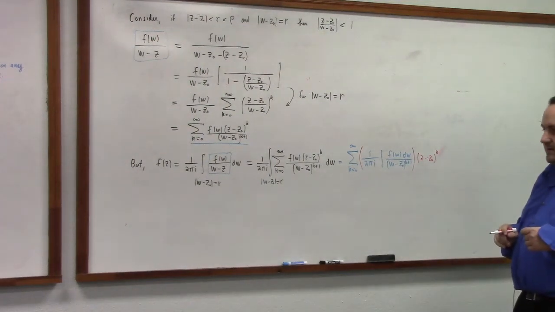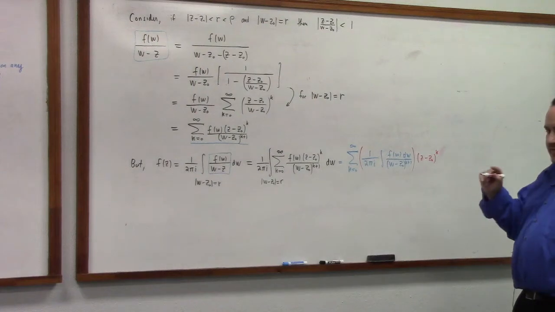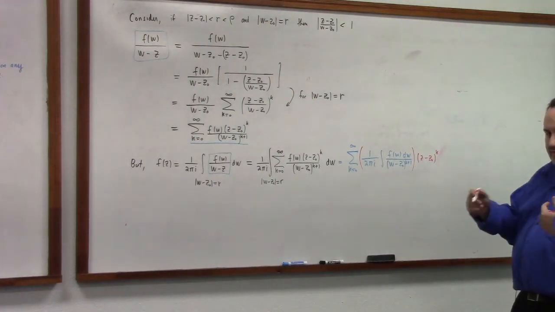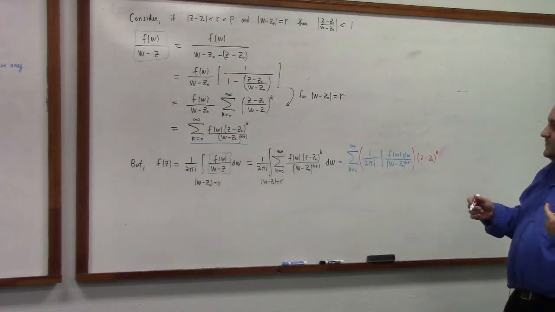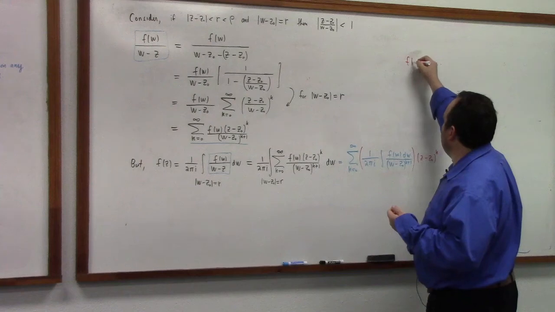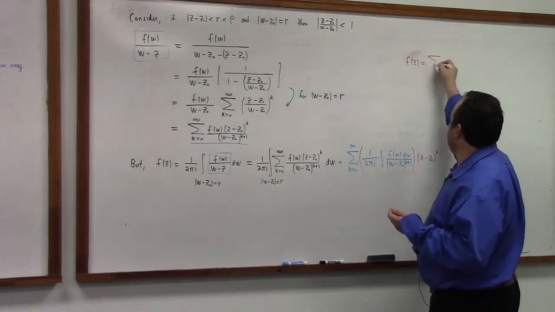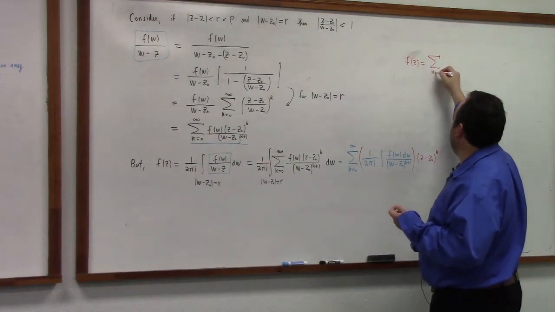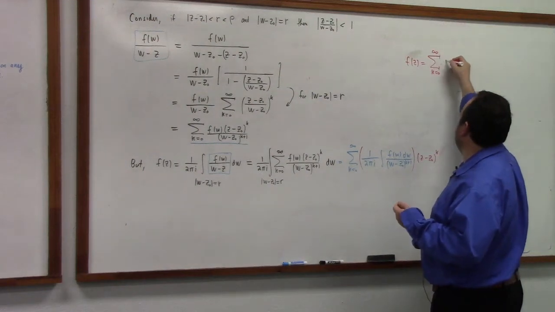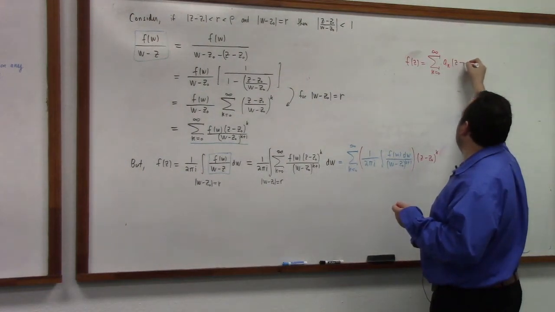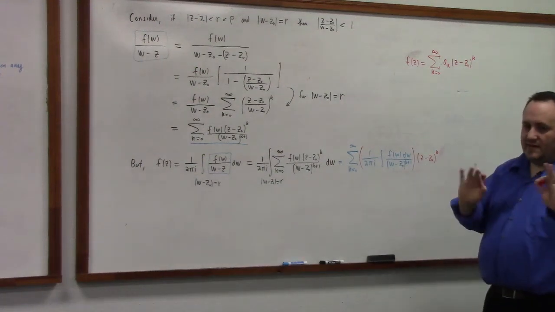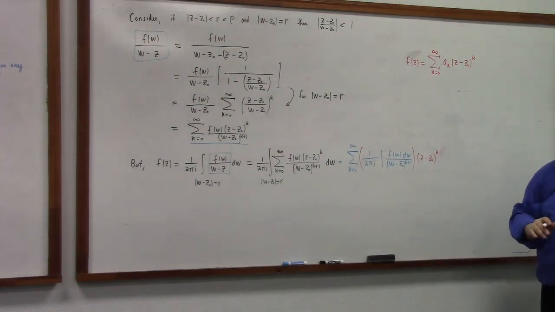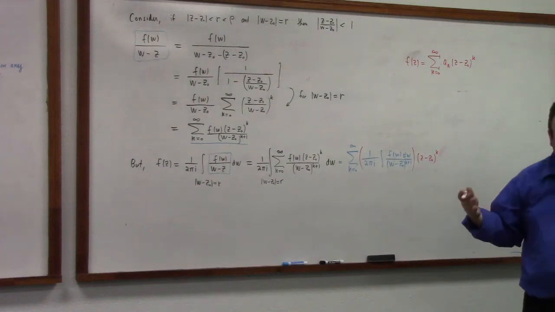But on the flip side of things, you can derive Taylor's theorem. If you assume that f of z is equal to a sum, k equals 0 to infinity of a k times z minus z naught to the k, and let's suppose you set aside careful considerations of convergence for a moment.